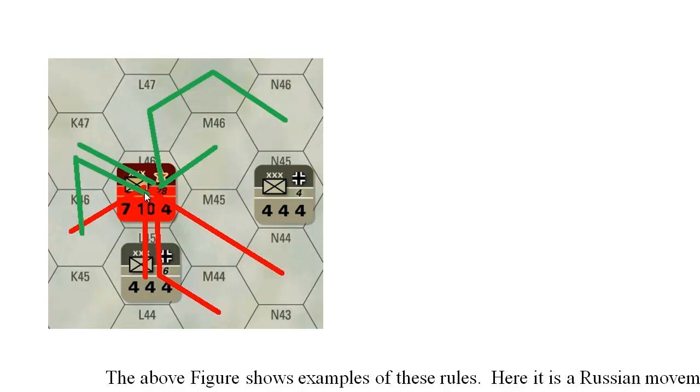It is not allowed to move, red line, straight from here to there, because that would be moving straight through the zone of control of an enemy unit. That's against the rules. It's not allowed to move from here straight down to here because that would be moving on top of an enemy unit. You aren't allowed to do that.